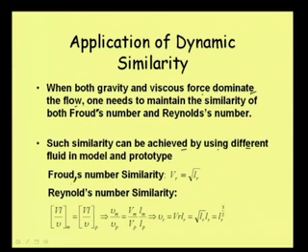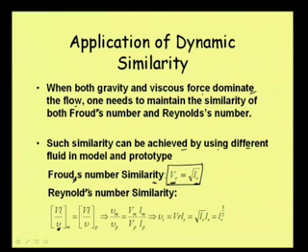Froude number similarity we can maintain by putting V_r equal to root over L_r, fine. This we need to maintain. Then for Reynolds number similarity, we have V L by nu, where nu is the kinematic viscosity.